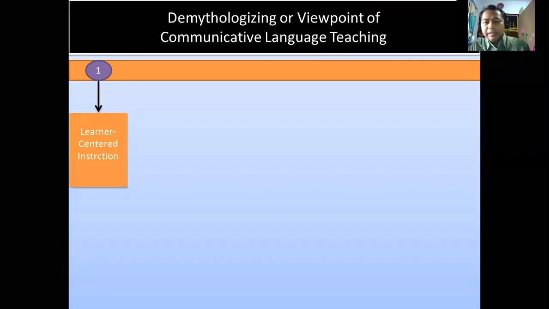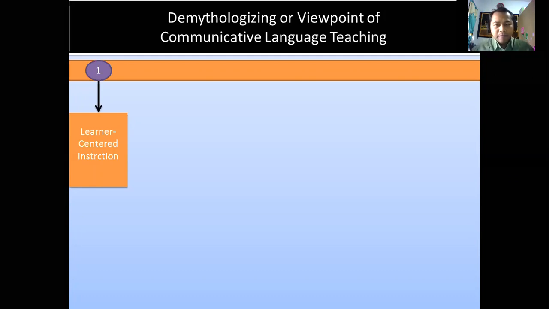The first is learner-centered instructions. So we use the word instructions. The instructions in the classroom, if you use communicative language teaching, should be centered on the learner, not teacher-centered, but learner-centered.